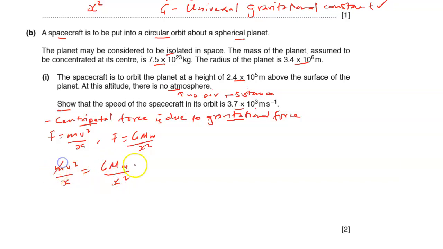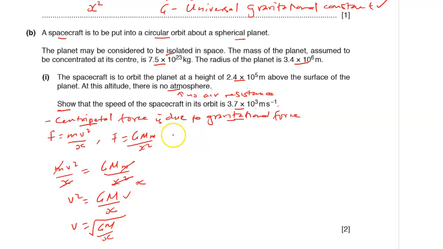Of course, this m will cancel that m, and one of the x will also cancel. What we'll remain with here is v squared is equal to GM over x. We're supposed to find the speed, so the speed will be equal to the square root of GM upon x, this formula here.